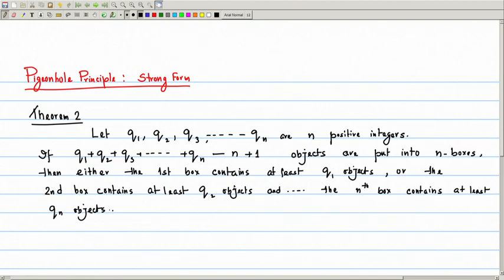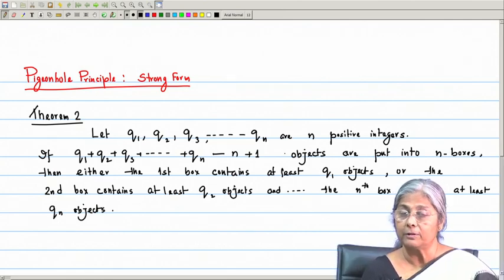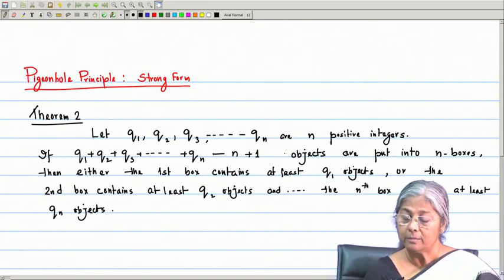So, I have these n positive integers, q1, q2, q3, qn, then q1 plus q2 plus q3 plus qn minus n plus 1 objects. If I distribute these among n boxes, then either the first box contains at least q1 objects or the second box contains at least q2 objects, and so on.